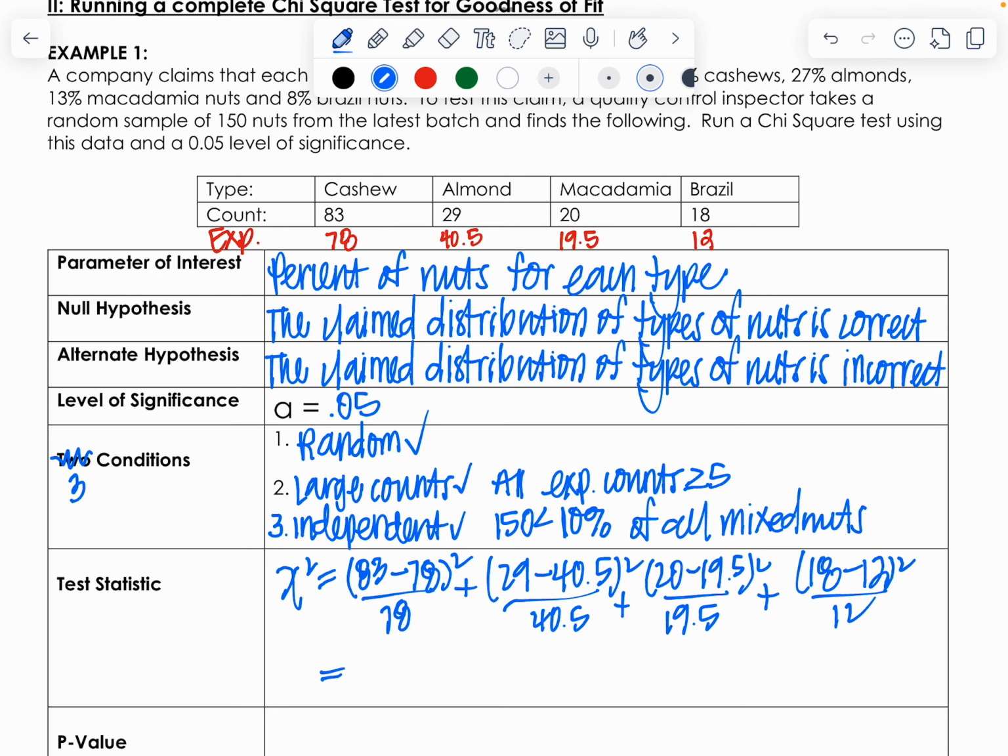All right, so now I'll do a little calculator work. 20 minus 19.5 squared. Okay, so I'm getting 6.5988.